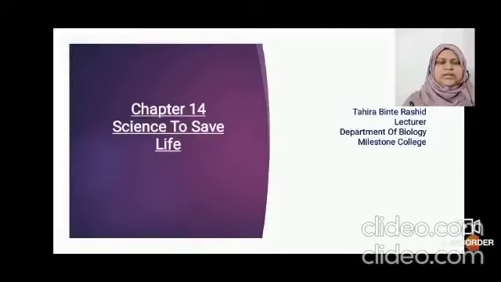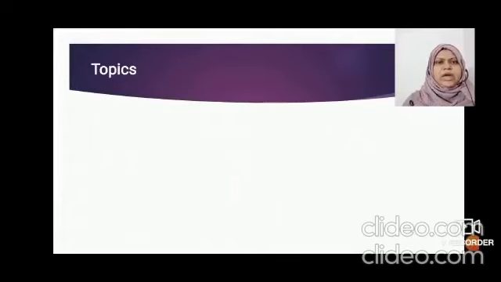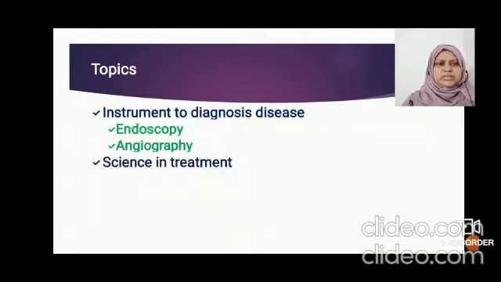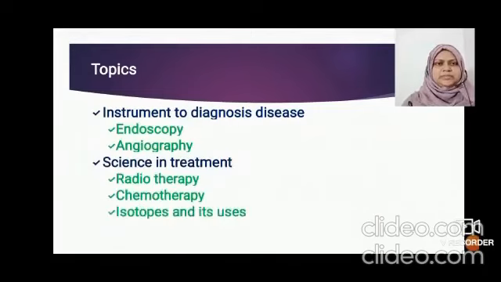Our today's topics are from chapter 14, Science to Save Life. Topics are: Instrument to Diagnose Disease, Endoscopy and Angiography; Science in Treatment, Radiotherapy and Chemotherapy; Isotopes and its uses.